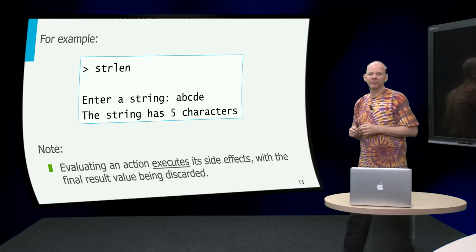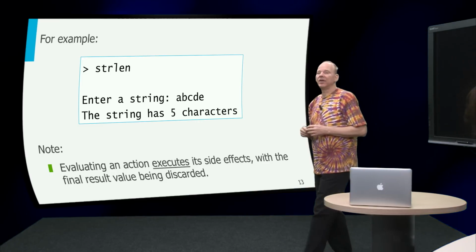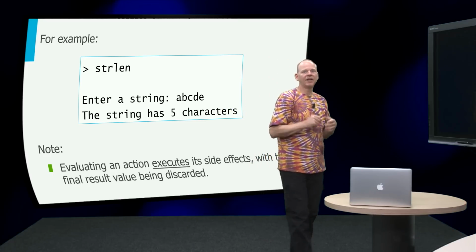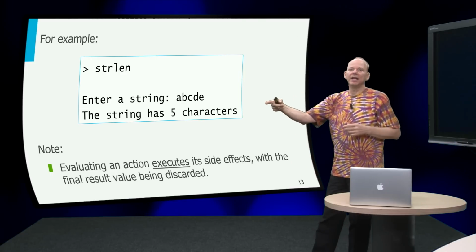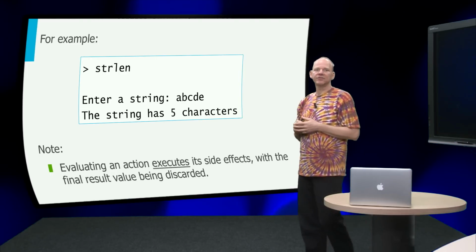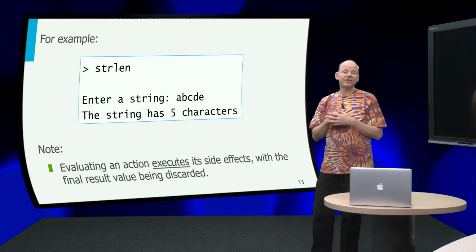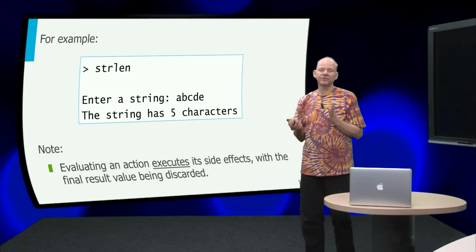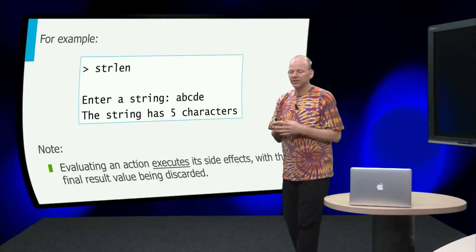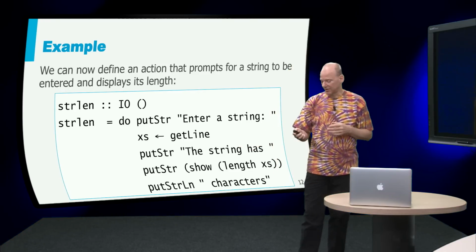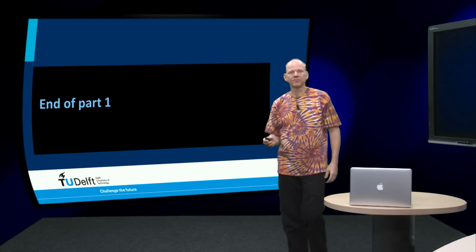When we run this string length in GHCI, it will print enter a string, we type a string, and it will tell us that this string has 5 characters. Note that this thing is only evaluated for the side effects. It doesn't return a useful value, and we see that because it has type IO of unit.